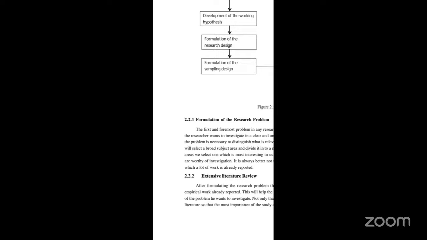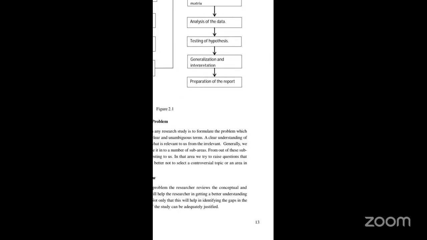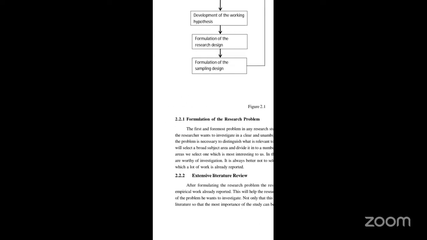It should not be copied from others. So the next one is extensive literature review. Whatever topic you have chosen, you must study the related review so that you get information about that particular topic. After formulating the research problem, the researcher reviews the conceptual and empirical work already reported.